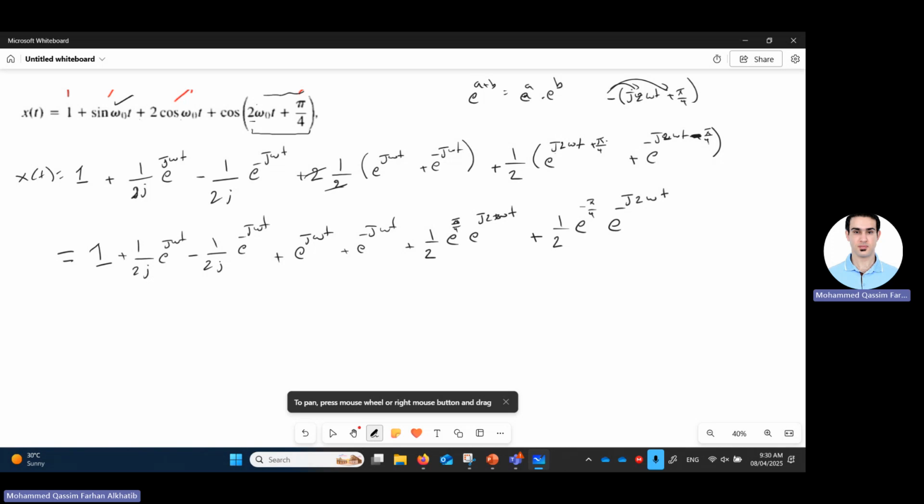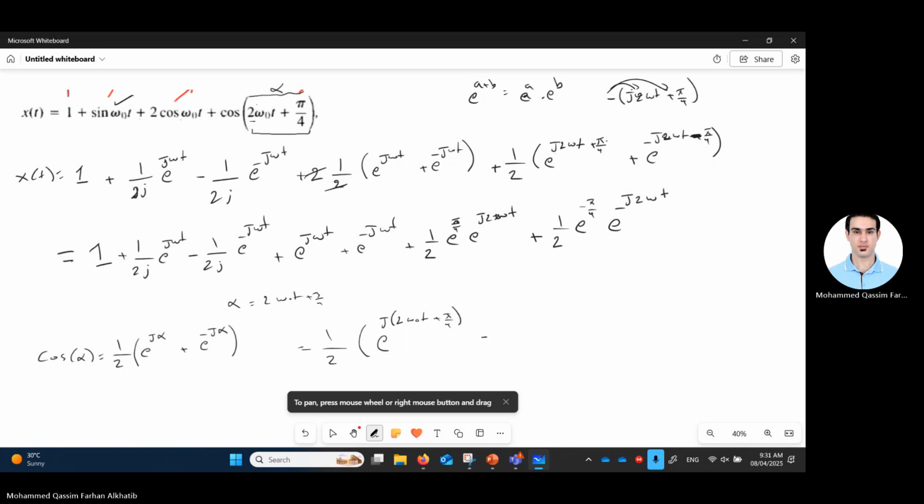Let's consider this term as alpha. Cosine alpha equals 1 over 2 e to the power j alpha plus e to the power negative j alpha. So now let's substitute alpha equals 2 omega naught t plus pi over 4. I will get 1 over 2 e to the power j 2 omega naught t plus pi over 4 plus e to the power negative j 2 omega naught t plus pi over 4.